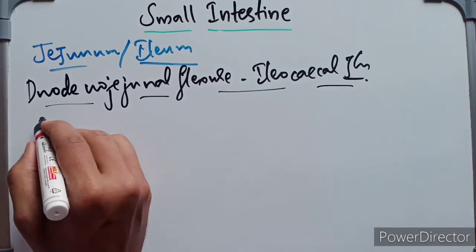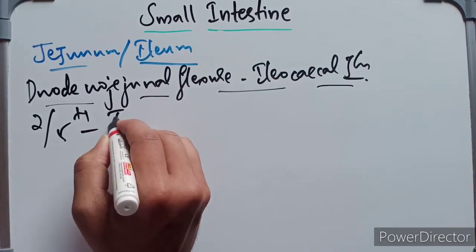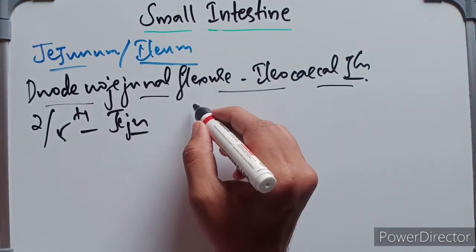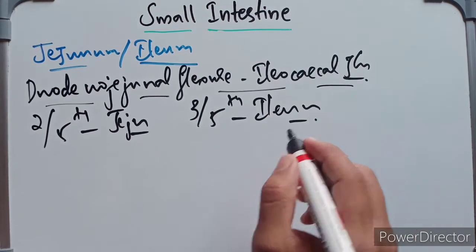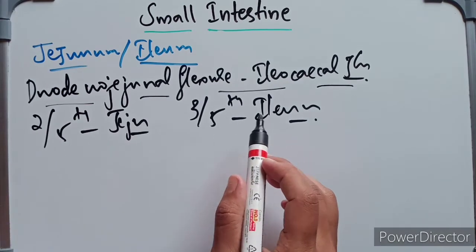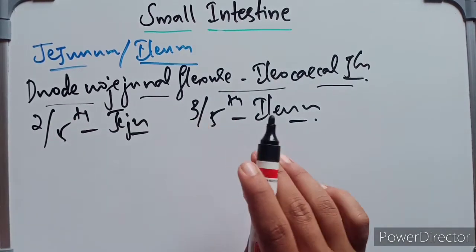Its upper 2/5 forms the jejunum and the lower 3/5 forms the ileum. However, there is no definite line of demarcation.